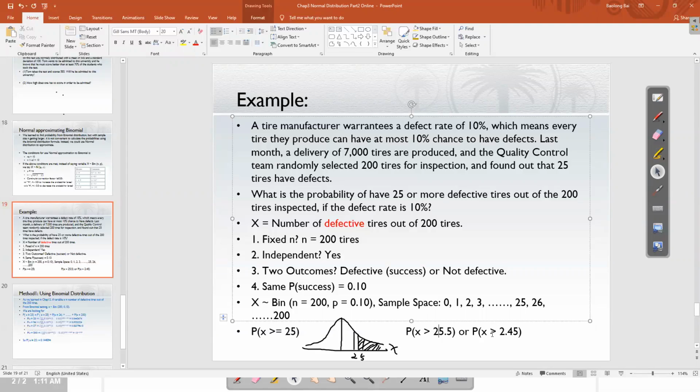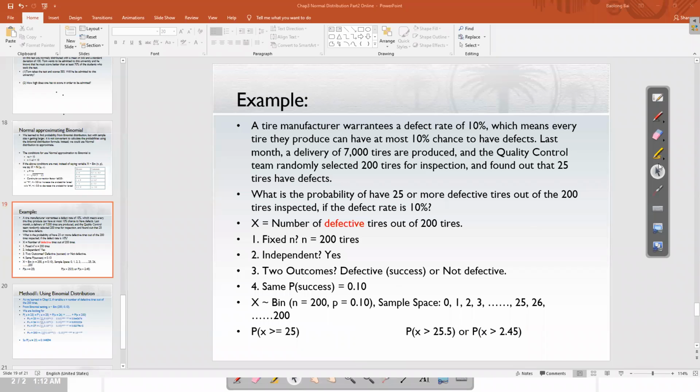You have an equal sign, you want to increase the area, right? Then it's obvious we need to choose this one, because from 24.5 all the way to the right it has a bigger area, with additional area right here.